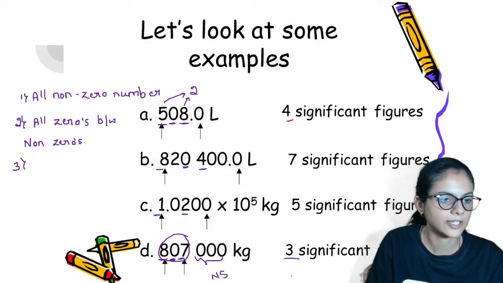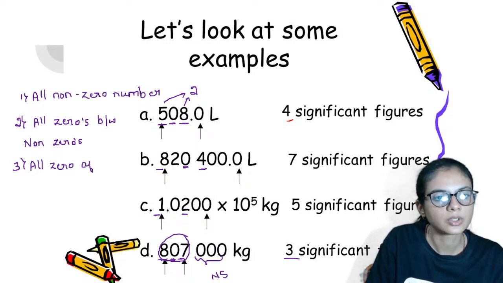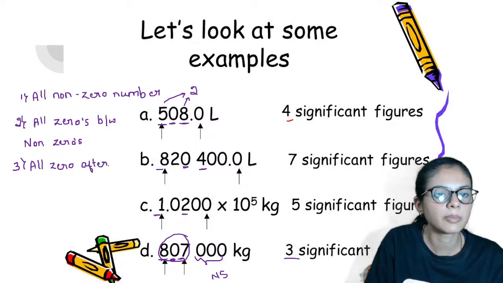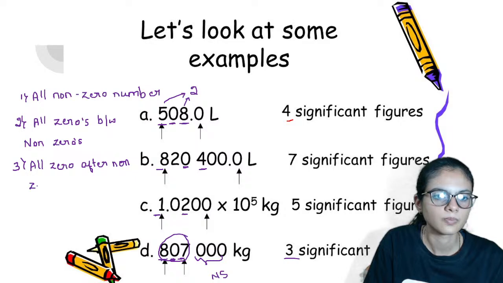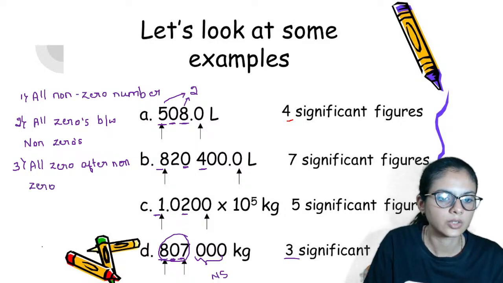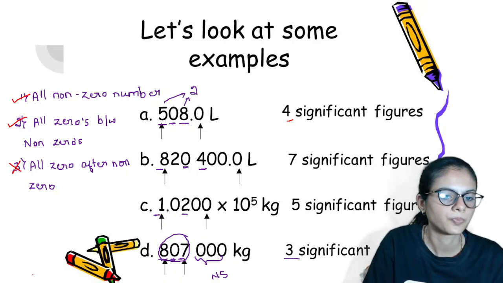So what is the third point? All zeros after non-zero, not in the middle, are not significant. So this is non-significant, this is significant, and this is significant.